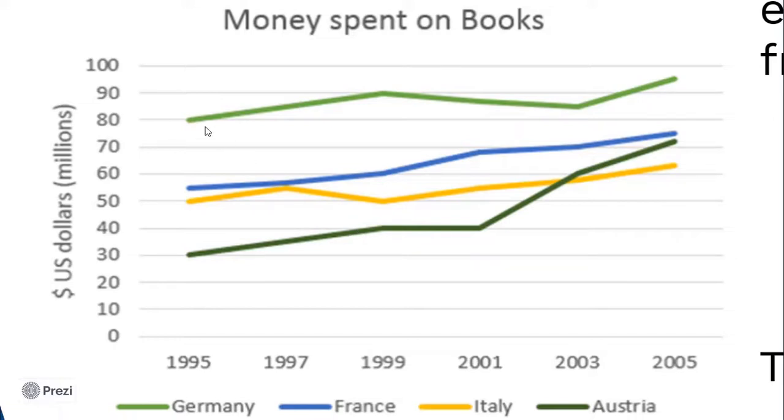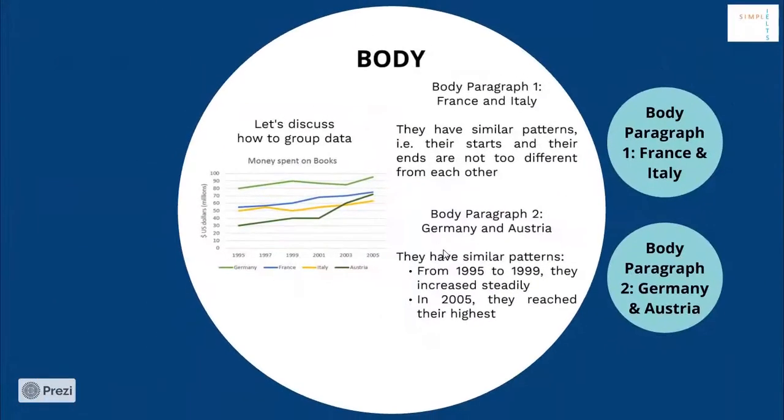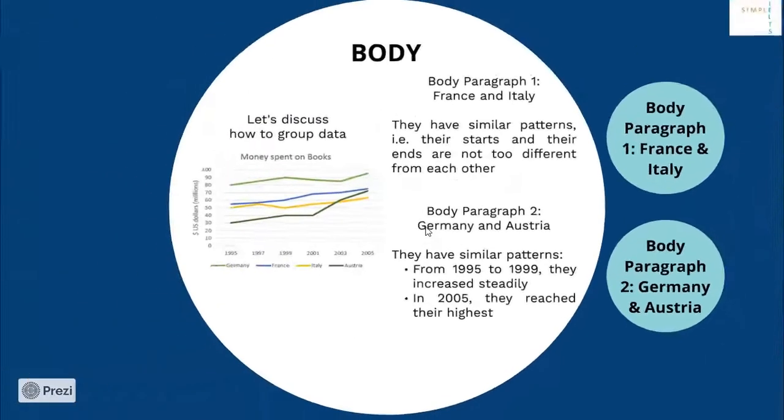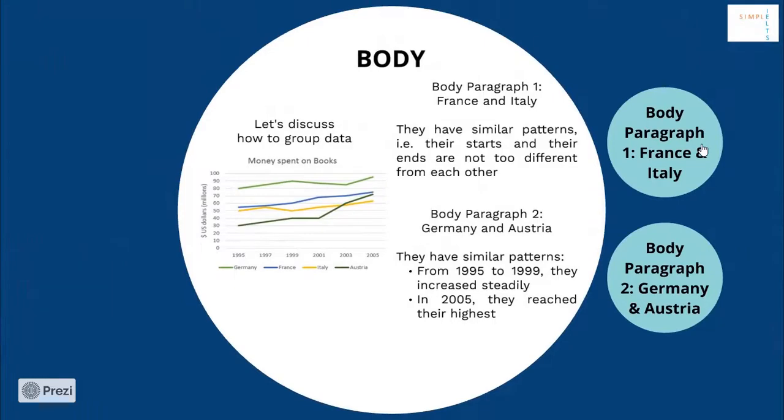For Germany it is from 80 to 90, for Austria from 30 to 40. And then over time they increased until they reached their highest point. So in body paragraph 2, or the fourth paragraph, we can talk about Germany and Austria because they have similar patterns: from 1995 to 1999, they increased steadily, and at the end of the period, they reached their highest. Okay, so first let's talk in detail about France and Italy.